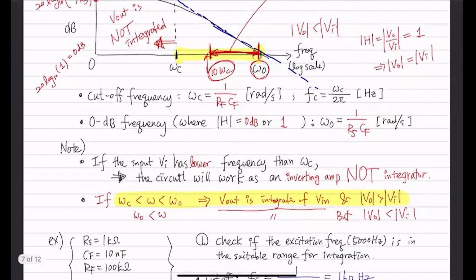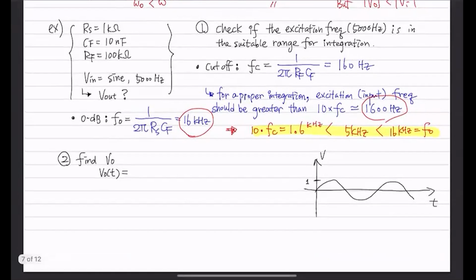So from here we can conclude it's suitable for integration. Once we know that it's going to be integrated, the next step is just to find what that output voltage is going to be. It's just the integration of your input, right?